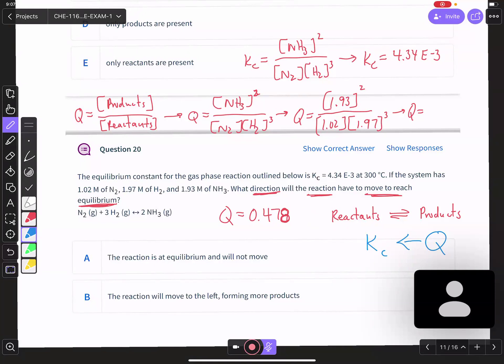As I form more reactants, my concentration of product will go down, my concentration of reactants will go up until Q equals K. So yeah, we're beyond equilibrium, right? Because Q is greater than K. So does that kind of help like what we're looking for?